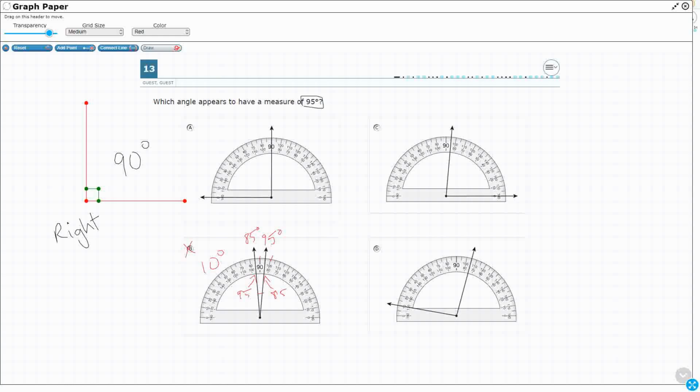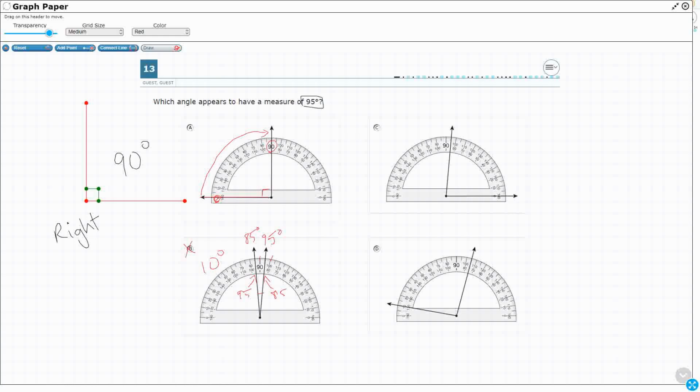Now, take a look at A. A has one line exactly on the zero, okay? So it is a completely horizontal line, which means we can actually just use the second ray. We can use that measurement to tell us what it is. And so that's going to be 90 degrees. That is a square angle.